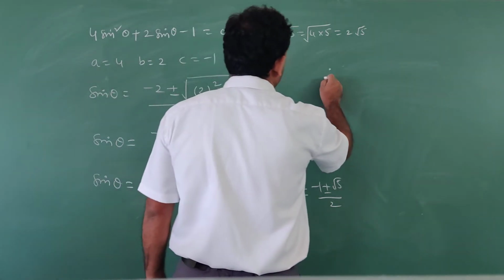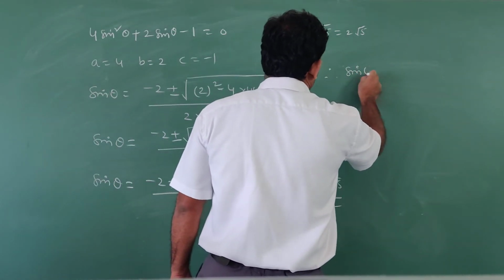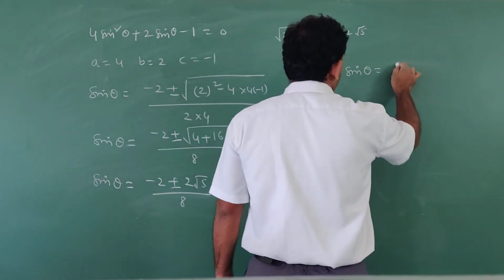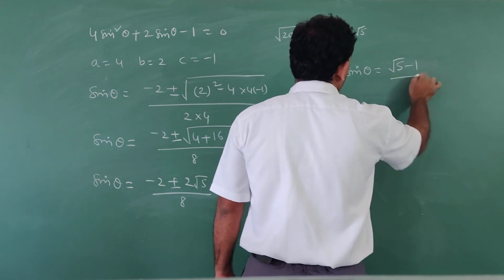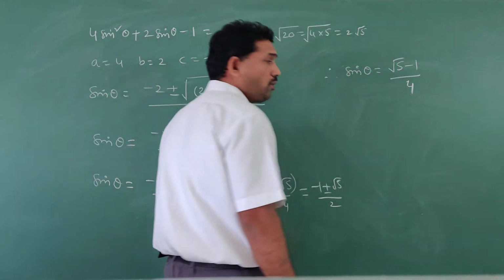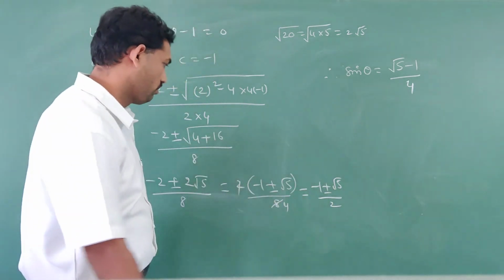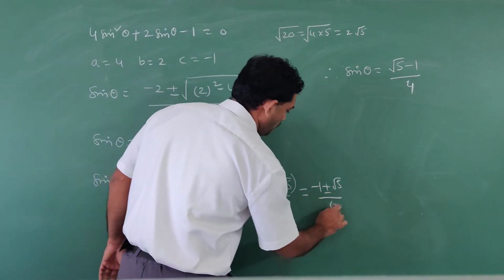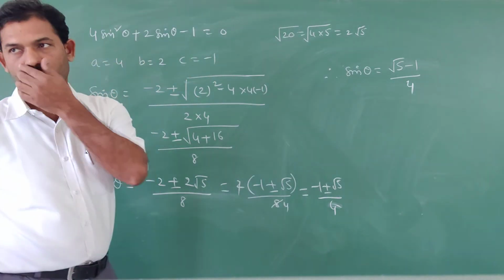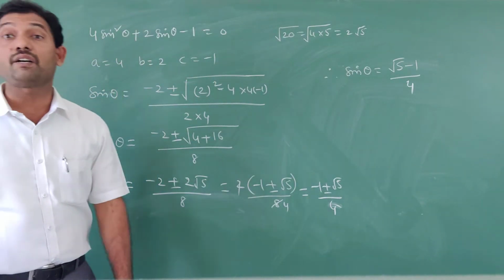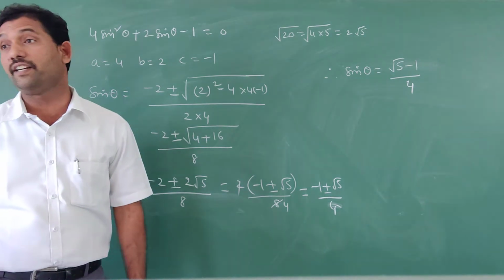Therefore, sin theta is equal to root 5 minus 1 divided by 4. You take only the positive value. So that is the theta we consider. Theta is equal to 18 degrees.